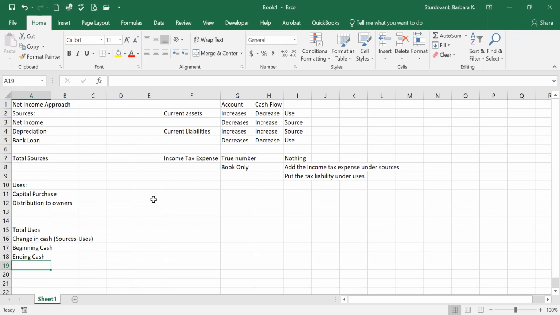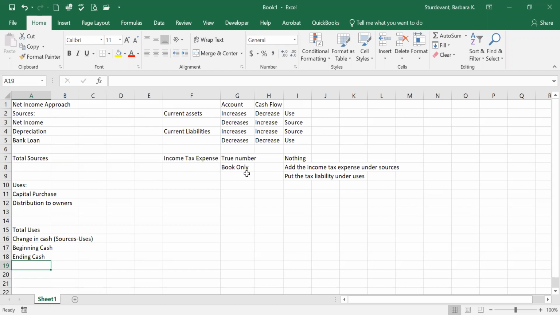If you look at the income tax, you'll see a little asterisk there. This is how it identifies it. It tells you that the income tax expense is recorded on the books only. The amount paid each year is as follows. So this is one of those where we would have to adjust it.